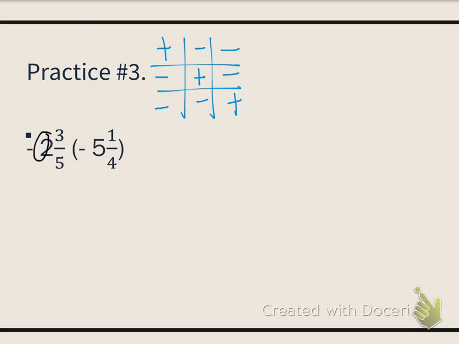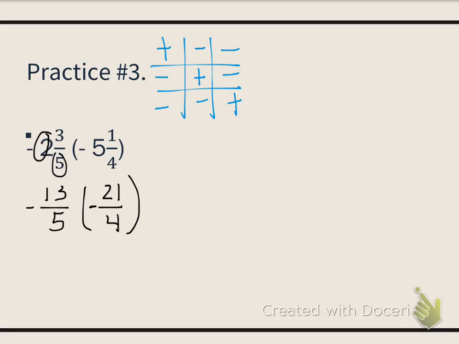So, 2 times 5 is 10, plus 3 is 13/5. Then we have times. 5 times 4 is 20, plus 1 is 21, over 4. And that's negative.